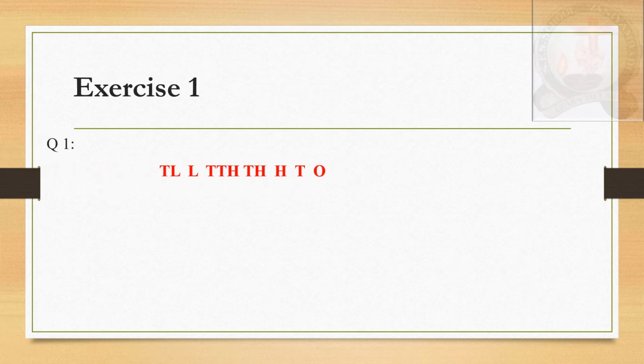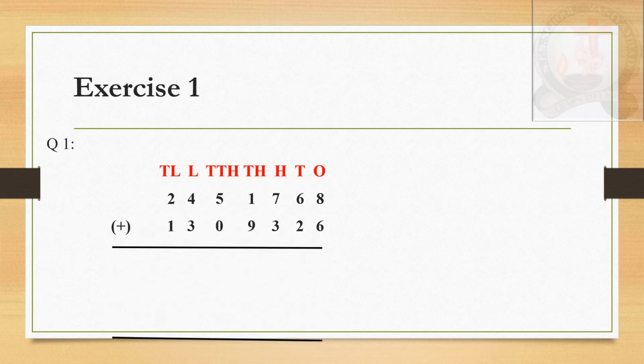Okay, now exercise 1. So the first question is, we need to add these two given numbers. First step, as we did earlier, we should start from the ones digit onwards. Okay, this is the question.